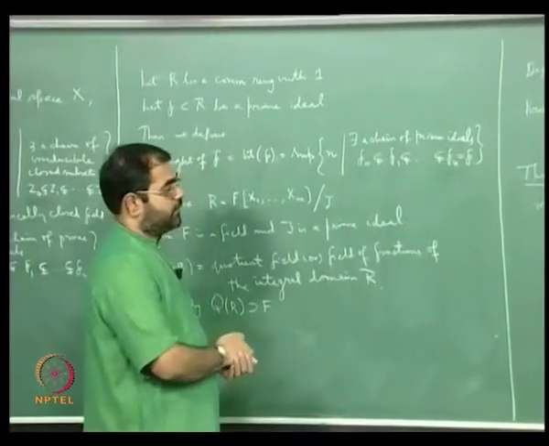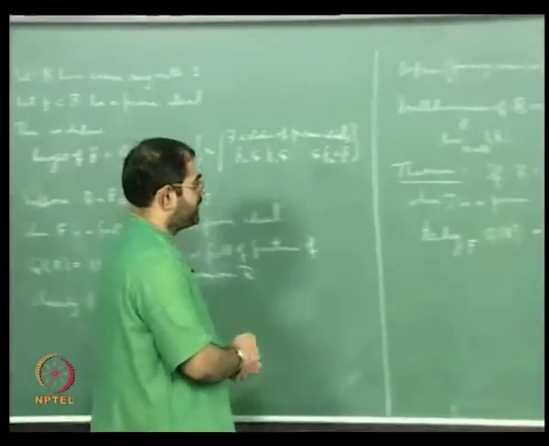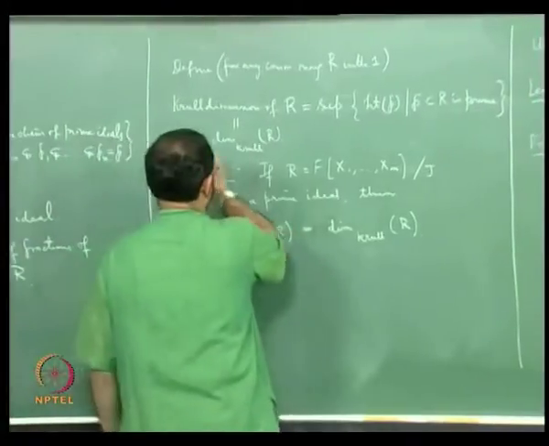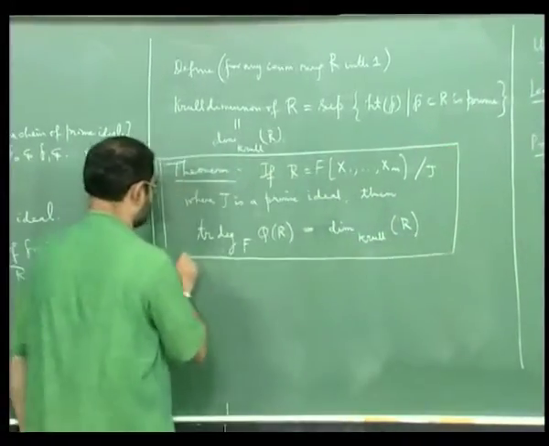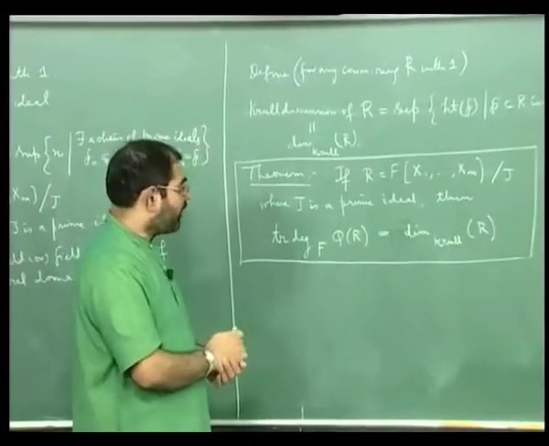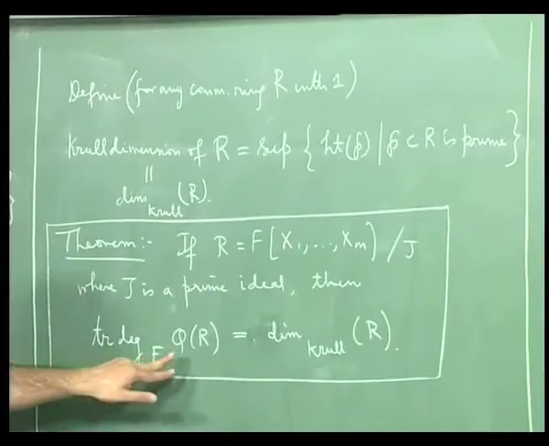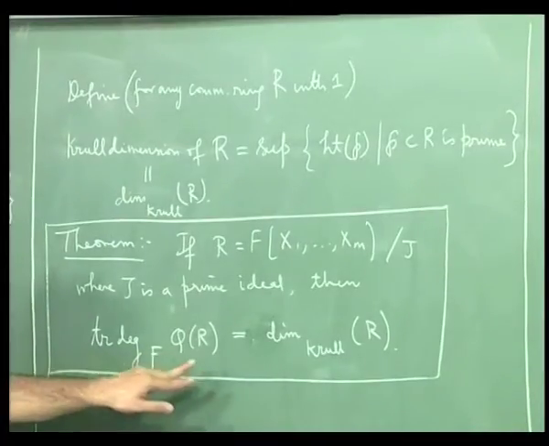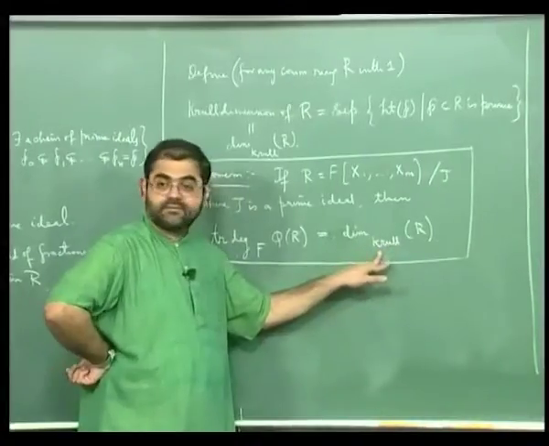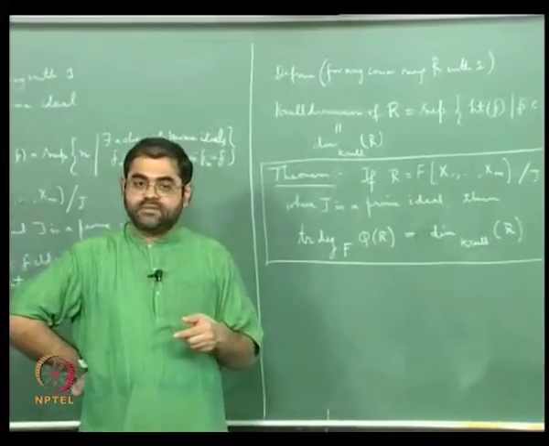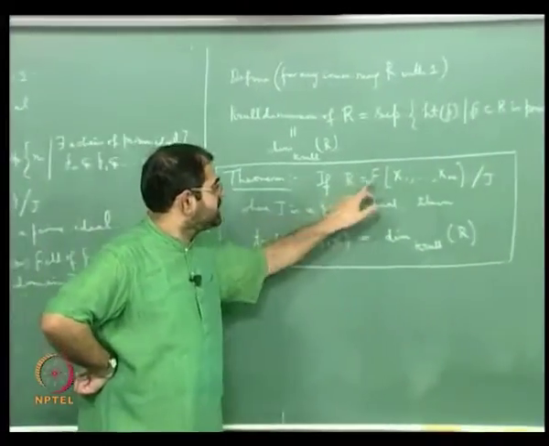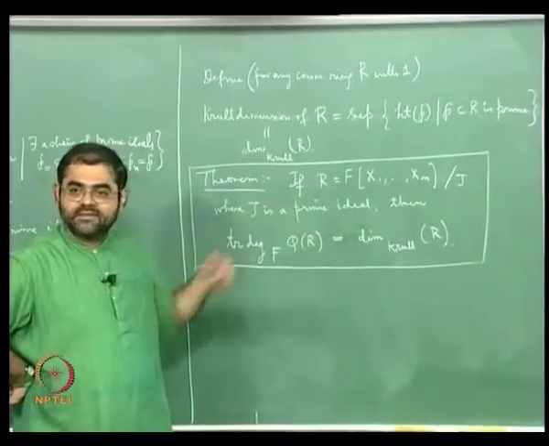Please understand this theorem. It's a very basic and of course a very important result. It tells you what the Krull dimension of an integral domain, which is a finitely generated algebra over a field, measures.